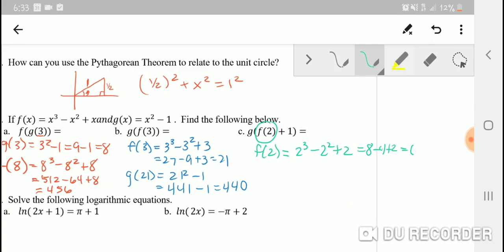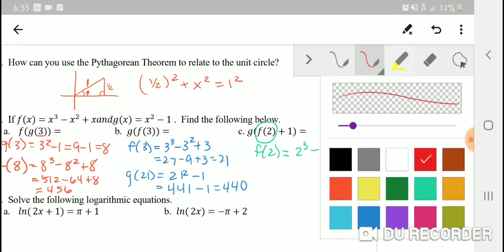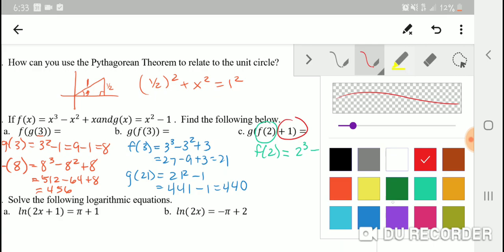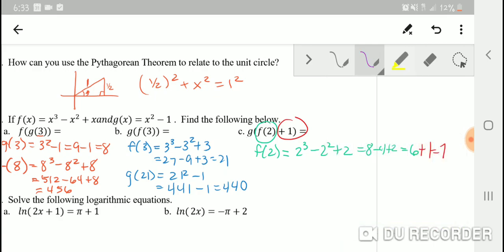So 4 plus 2 would give me 6. Then it says add 1, which gives me 7. Now I take that and plug that into g. So g of 7. So 48 is your final answer there.